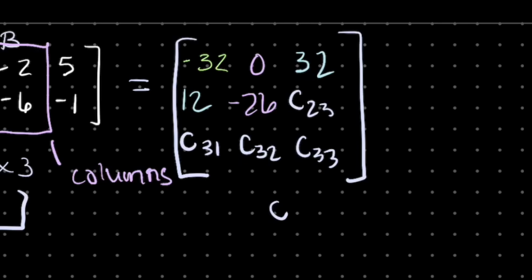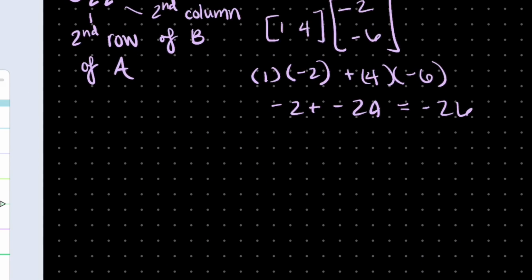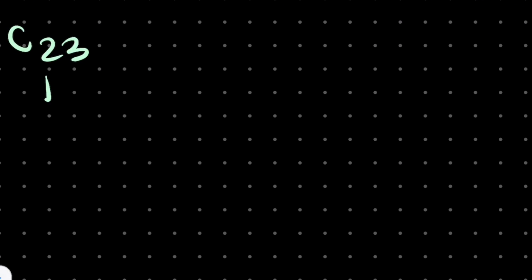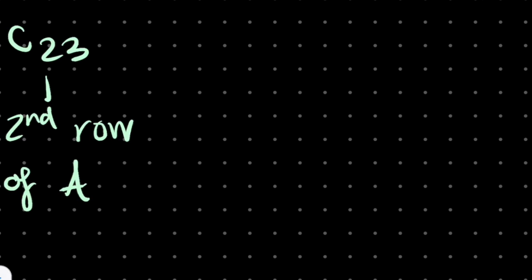Okay, next up, let's take a look at C23. Let's just keep it moving. C23 is going to say, okay, you are looking at this second row. We are still in the second row of A, right?